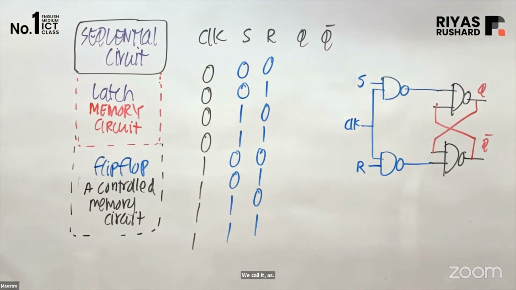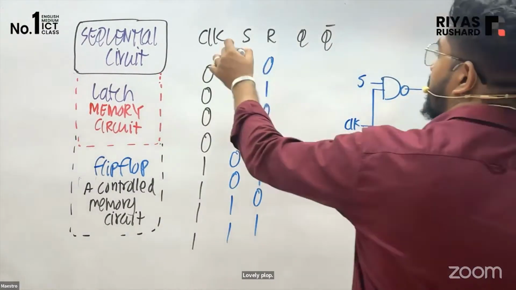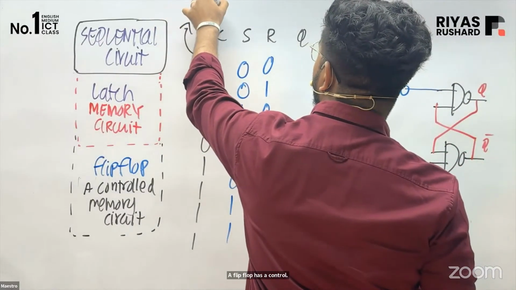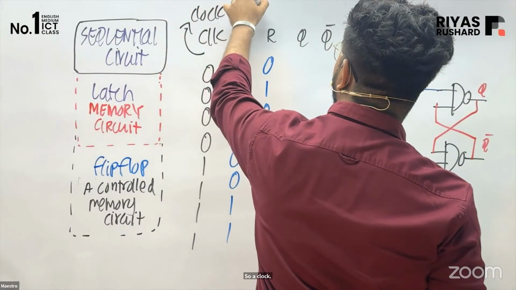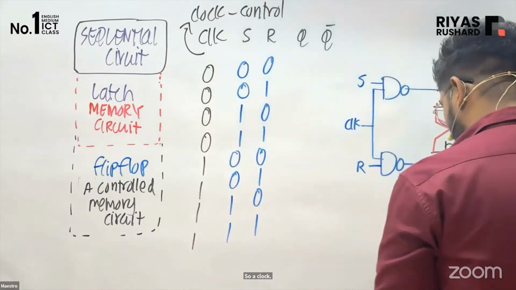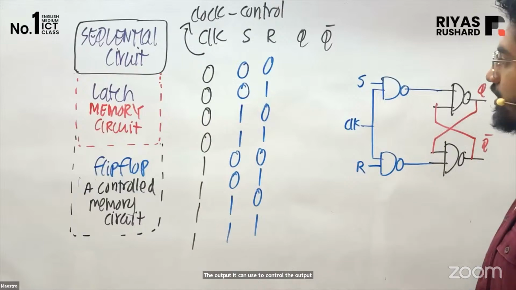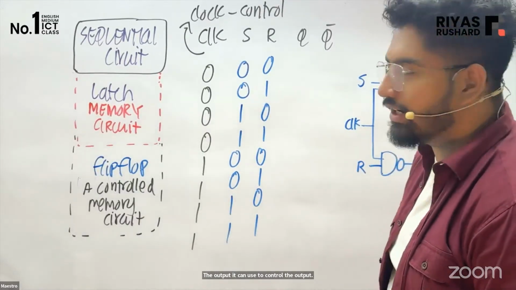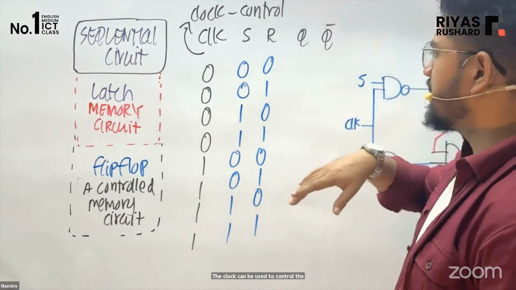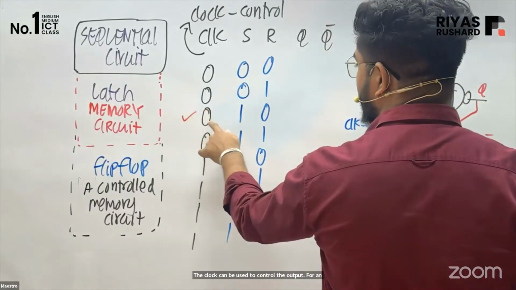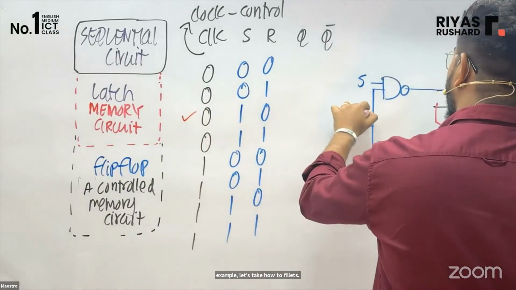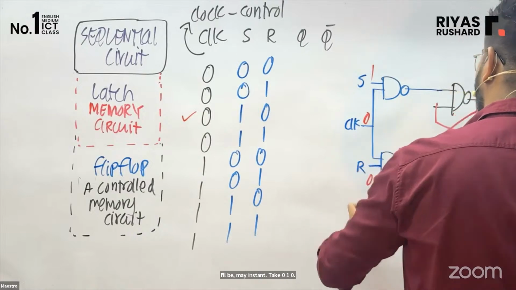A flip-flop has a control. So a clock is used to control the output. The clock can be used to control the output. For an example, let's take how to fill it. Let's take the inputs 0 1 0, 0 1 0.